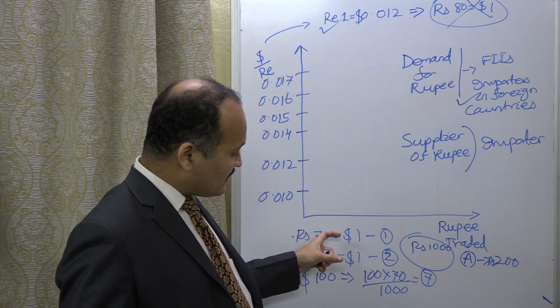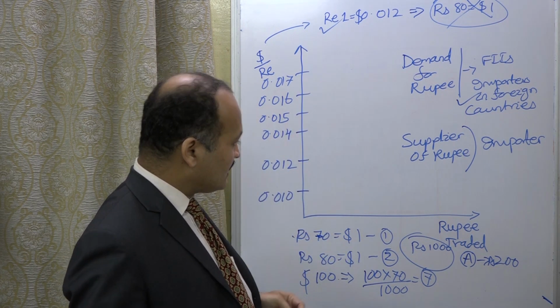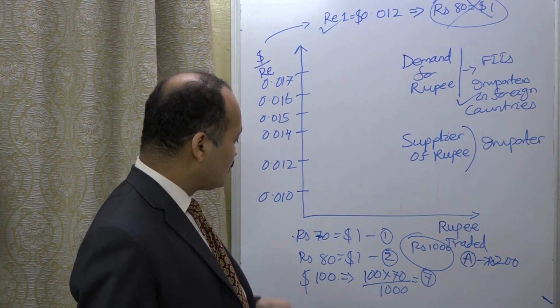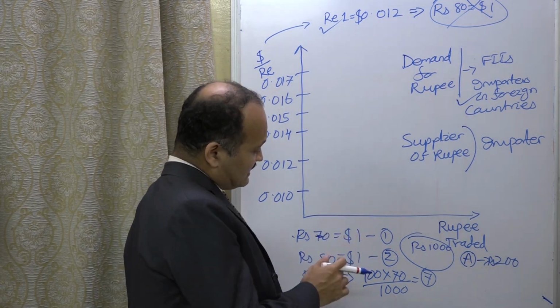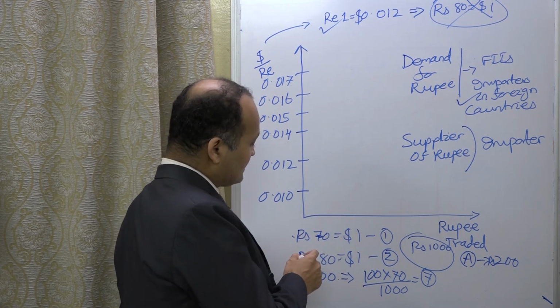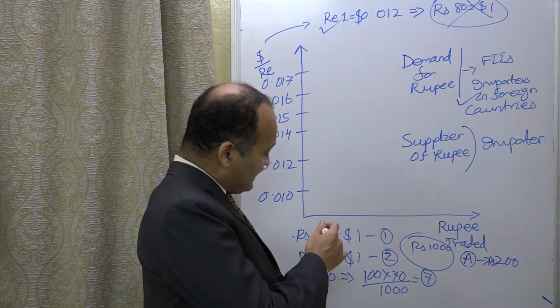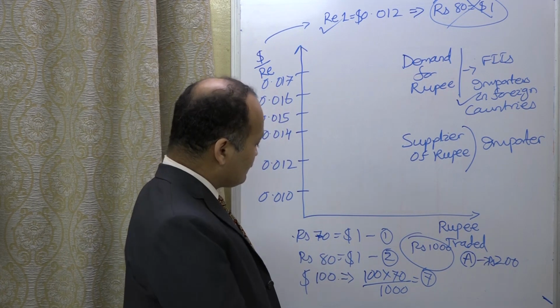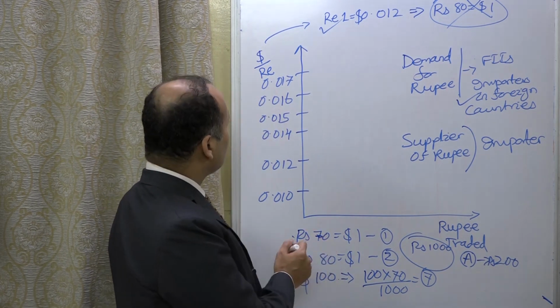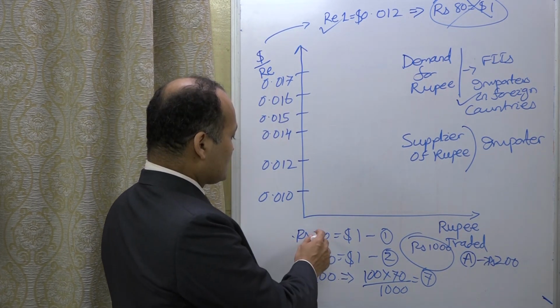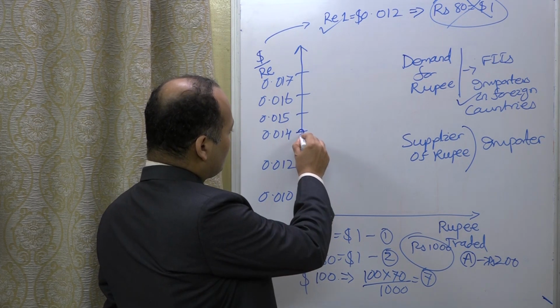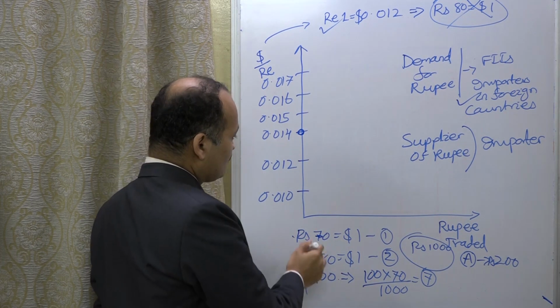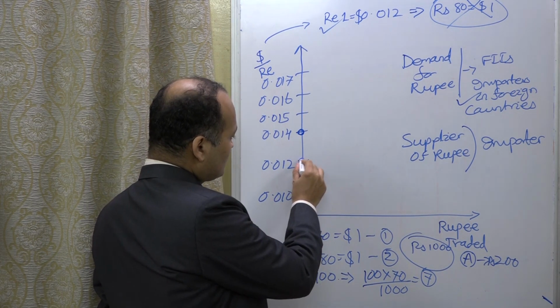So this fact, if I depict it graphically, how would it look? What we have said is that when the exchange rate is relatively depreciated, so this 70 was giving rise to 0.014, okay, and 80 rupees was 0.012.